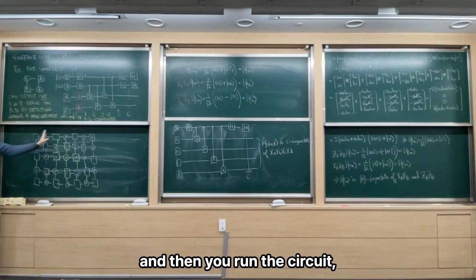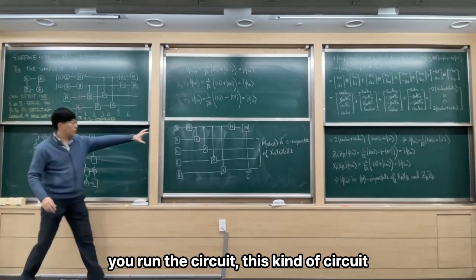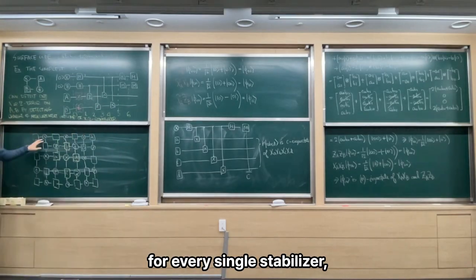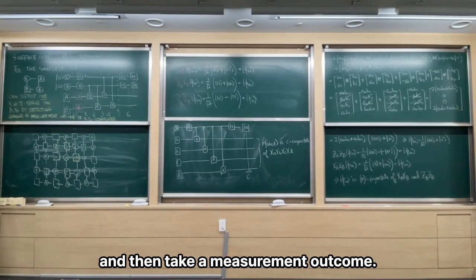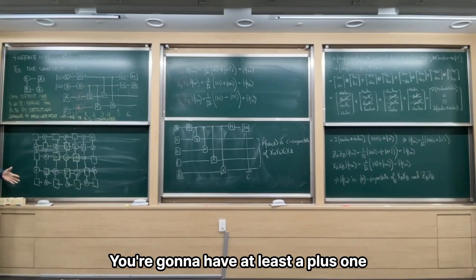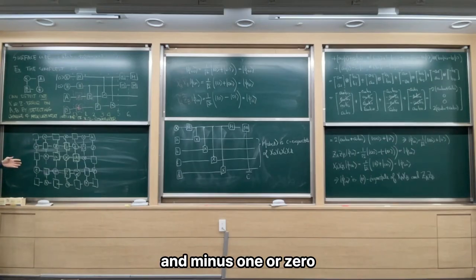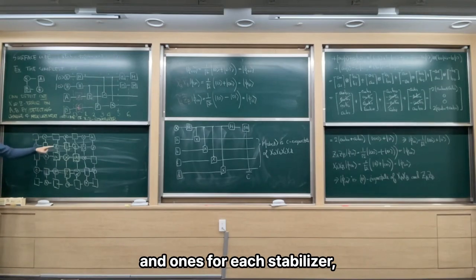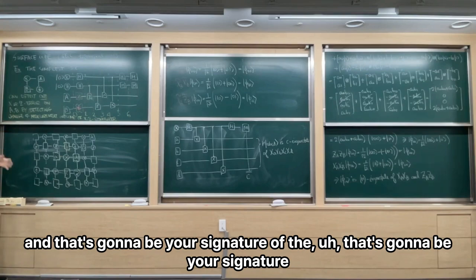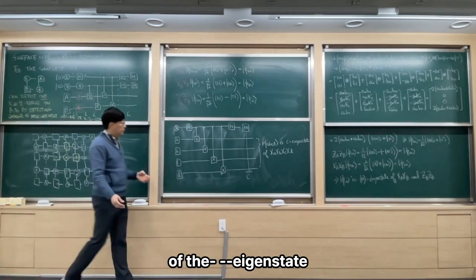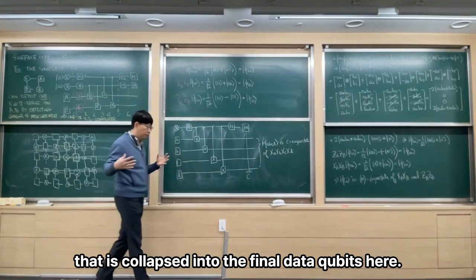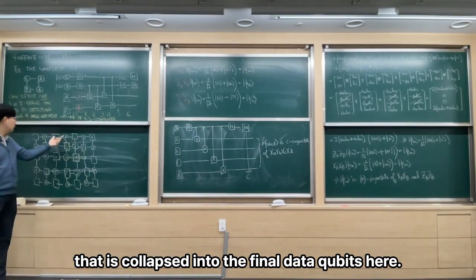You run this kind of circuit for every single stabilizer and take the measurement outcomes. You get a list of +1 and -1, or 0 and 1, for each stabilizer, and that is your signature of the eigenstate that is collapsed into the final data qubits.